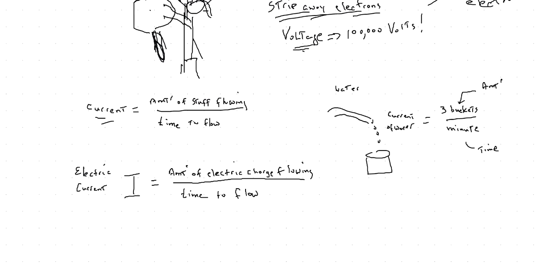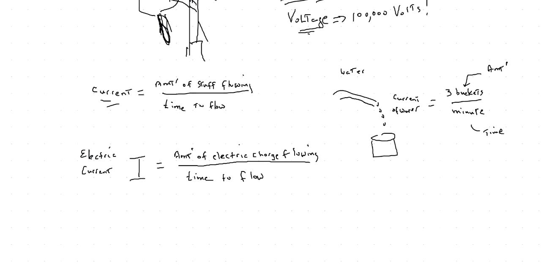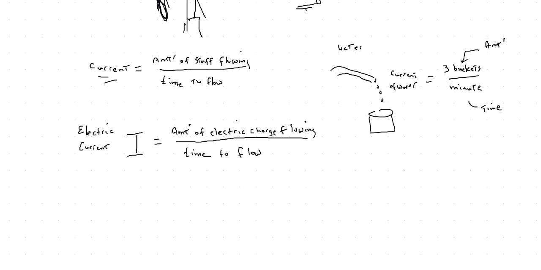Here's where we'll talk about some units, all right? So electric charge, Q, is the symbol we use for electric charge. And we have to give it a unit, and the unit's going to be called a Coulomb. Well, Coulomb's the one who studied this stuff.